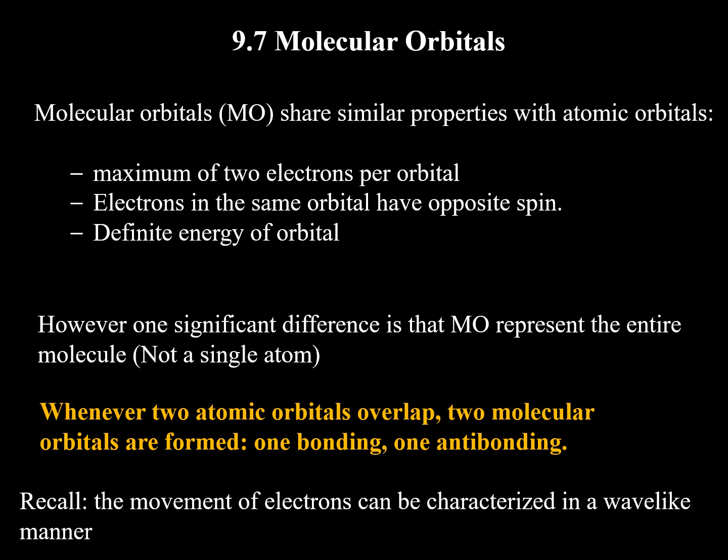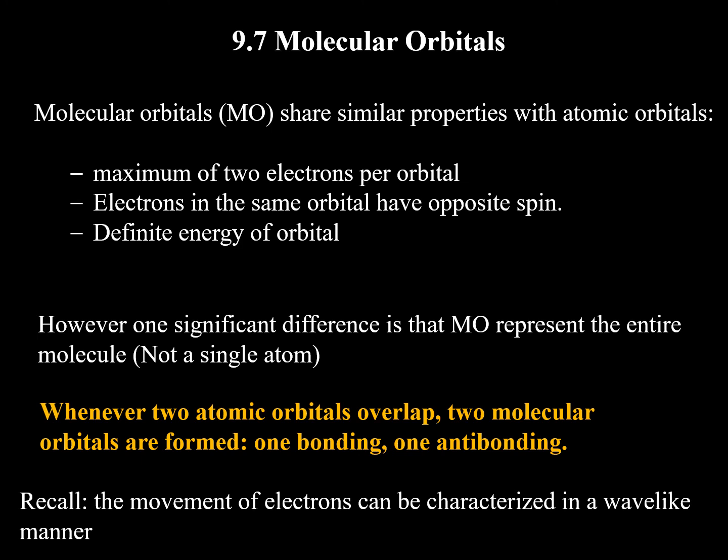So the last set of orbitals, not hybrid orbitals anymore, we have molecular orbitals. In terms of molecular orbitals, they have a maximum of 2 electrons per orbital. The electrons in the same orbital have opposite spin. We're now talking about the arrows. They have opposite spin, just like when we're talking about orbital diagrams, and they are defined by the energy.